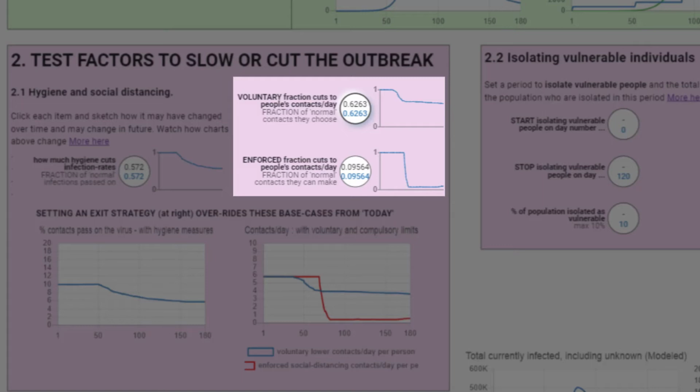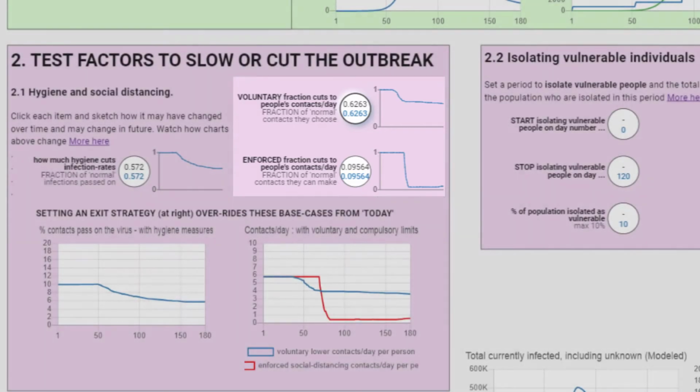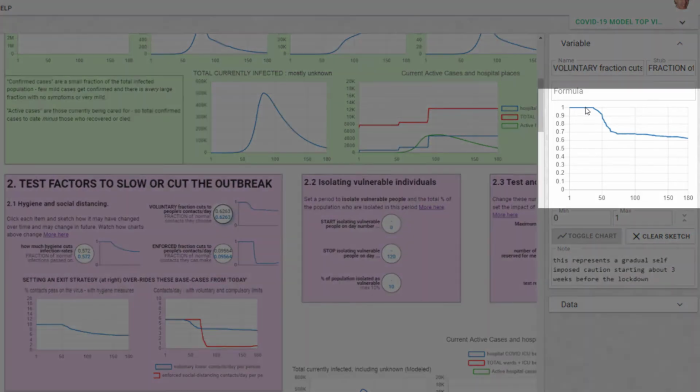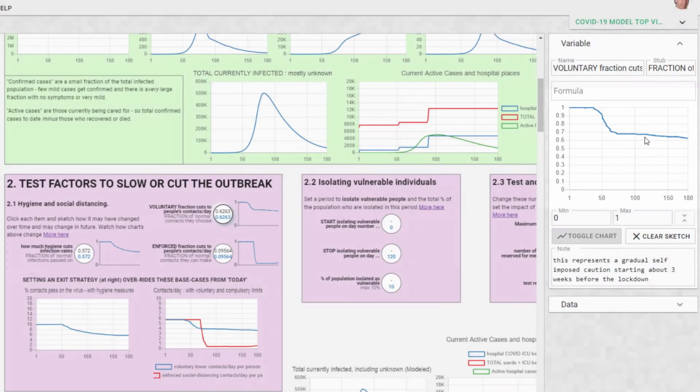Just basically using their common sense to avoid unnecessary close contact. And this works in the same kind of way as the hygiene factor by reducing the normal rate of contact between people from its normal rate to some fraction of that normal rate. So what I'm showing here is that people reduce their social contact frequency to about 70% of normal.